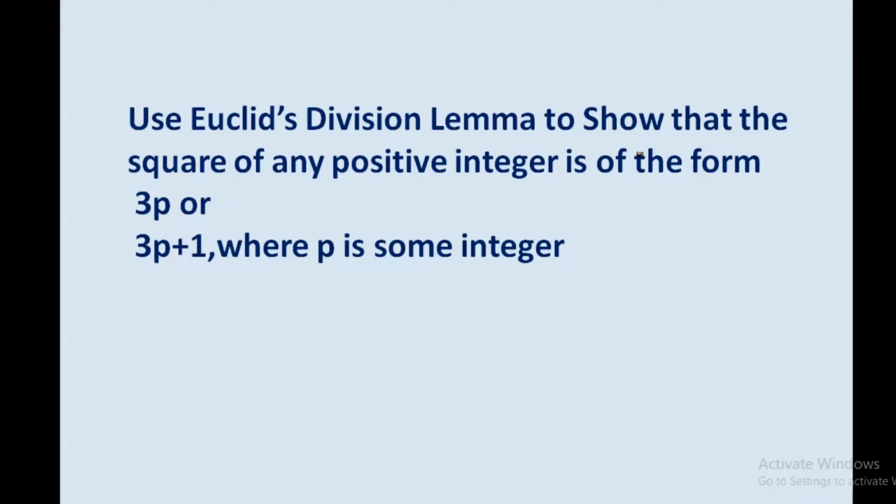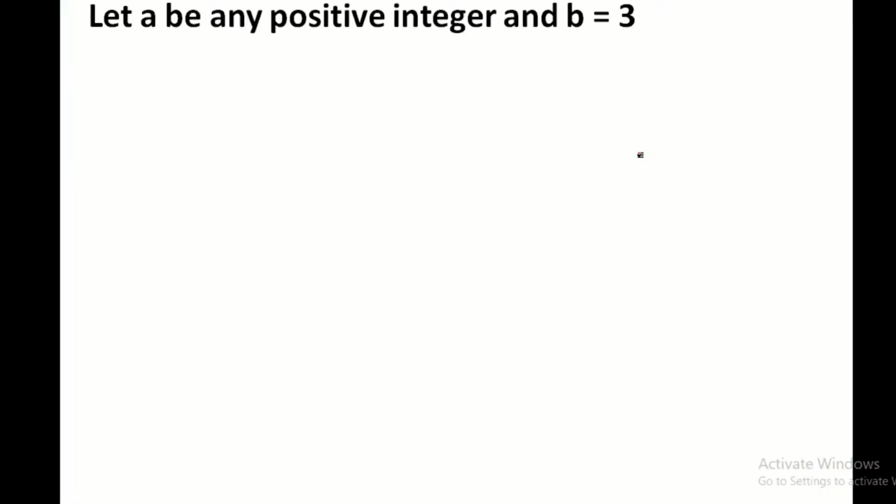Similarly, we'll see one more example. Use Euclid's division lemma to show that the square of any positive integer is of the form 3p or 3p plus 1, where p is some integer. Here, consider a to be any positive integer and b is equal to 3.